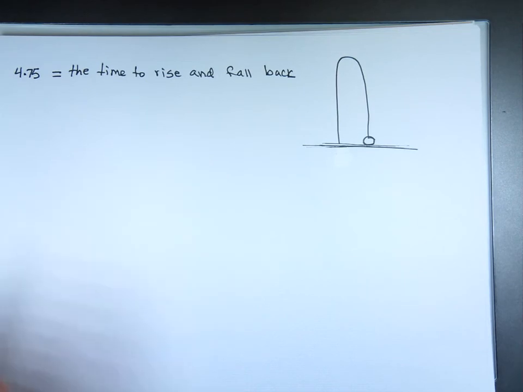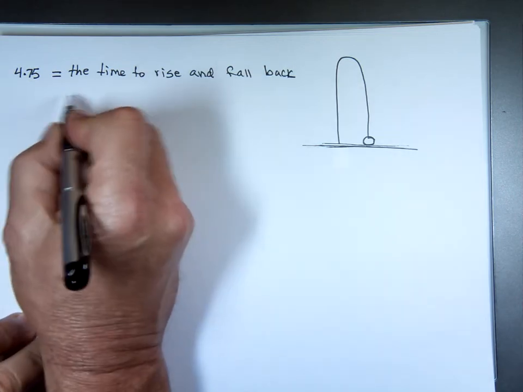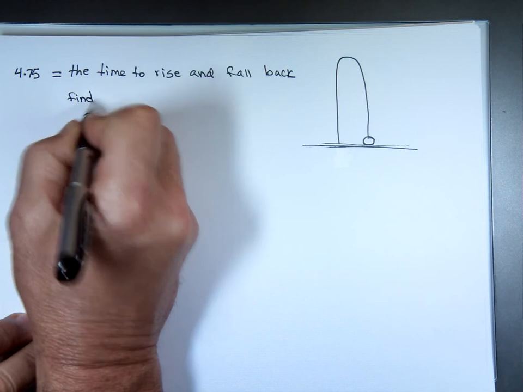And the question here, simple. What's the initial speed? Find V0. That's all I'm giving you.